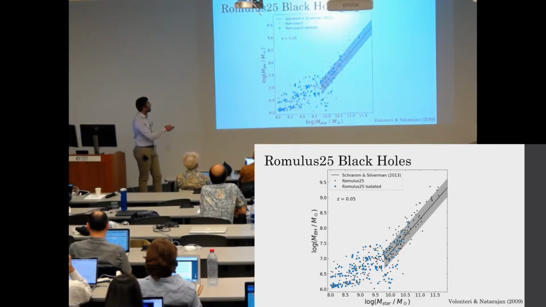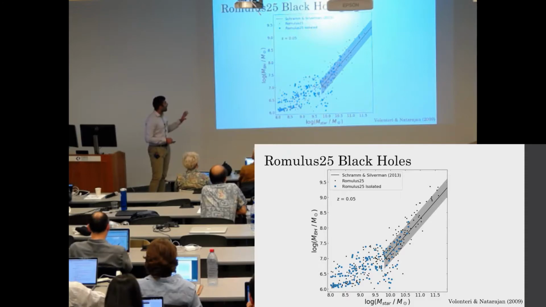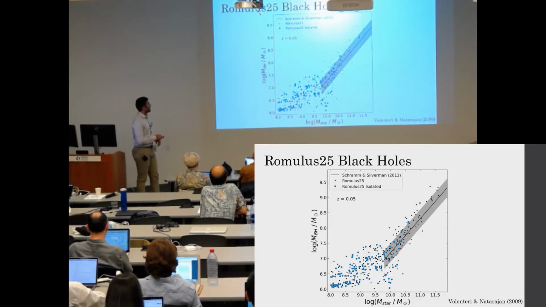Plotted in black here are all of the galaxies in Romulus 25 that contain black holes. Plotted in blue are the isolated field galaxies. I do this to separate out effects of the environment so I can look at what black holes are able to do to their galaxies even at these low masses. What you can see here is that we follow the relation at these fairly high masses, and then we have galaxies below the observed relation.